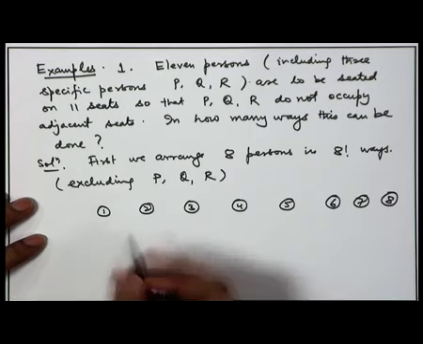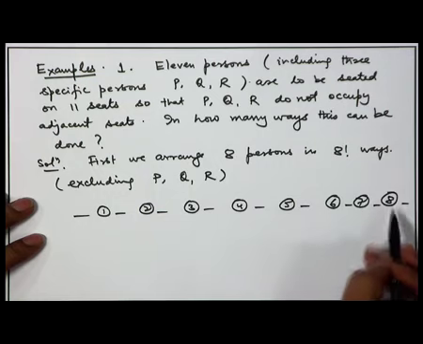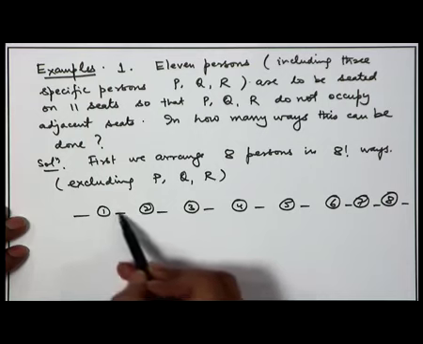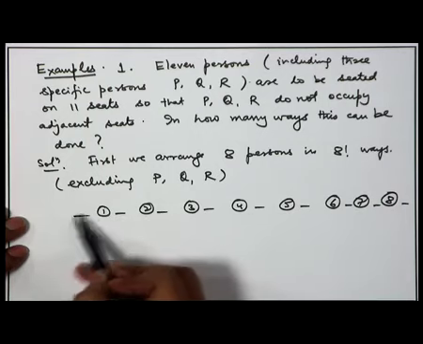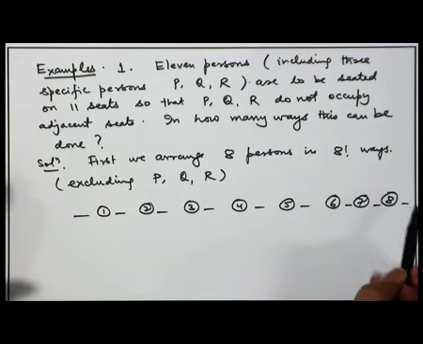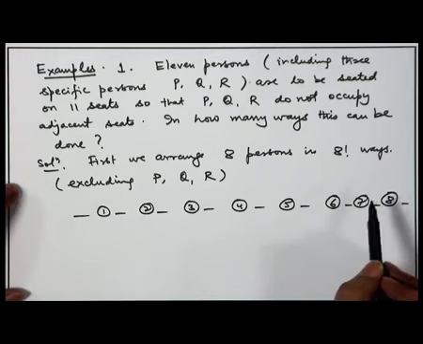Now, how many places are left out? We have now 7 places in between, and on the side also we have 2 places. So, there are total 9 places in which we can put this P, Q and R. So, this can be done in how many ways?